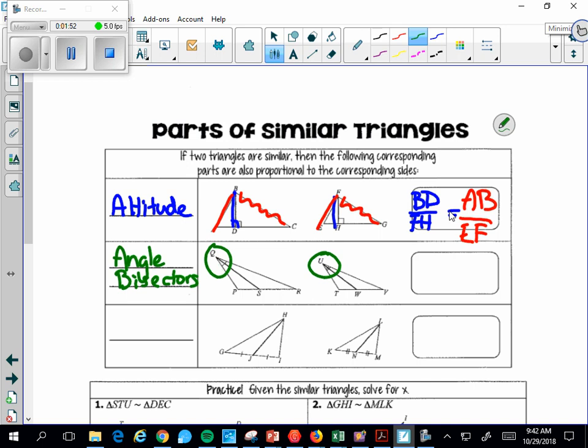The bisector itself, so I'm going to say QS to, what's the other one, UW, and that's that right there, is equal to QP to UT. And again, I could have done these ones over here.